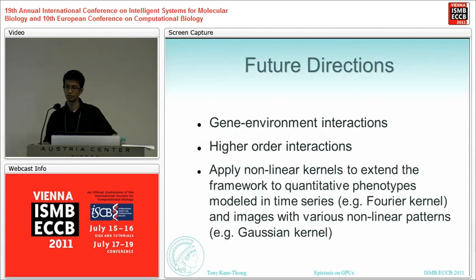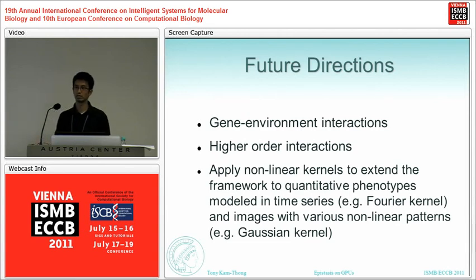Future directions: we're looking at implementing gene-environment interactions, looking for data, because we now have the capability of investigating inputs of real value. We can really apply it to many different things: brain imaging, environmental factors, anything that we can think of that may have an interaction.